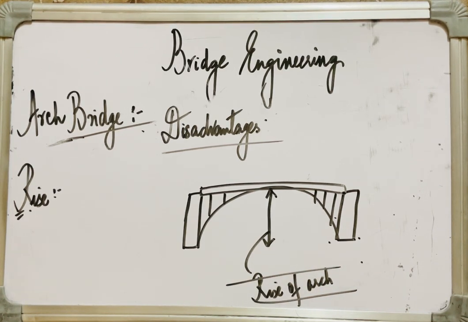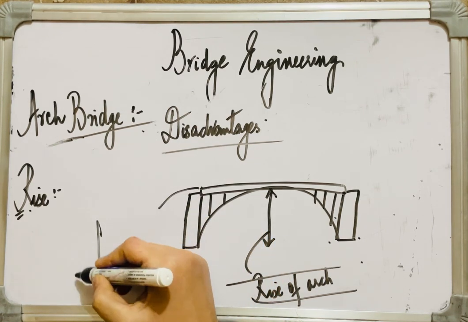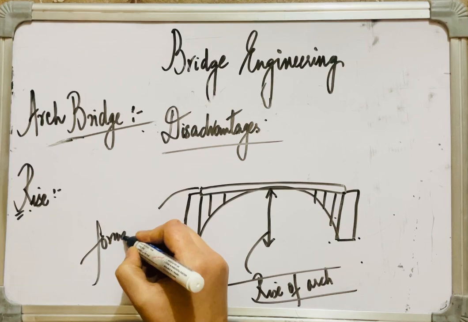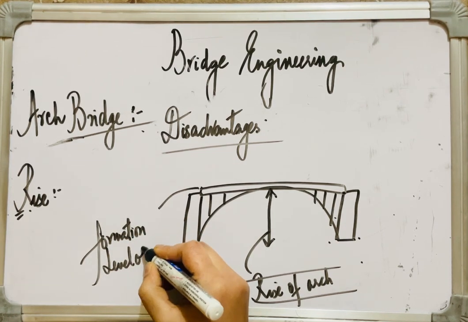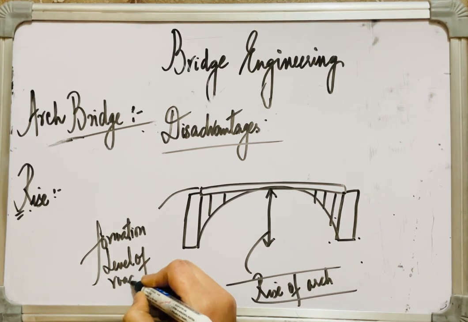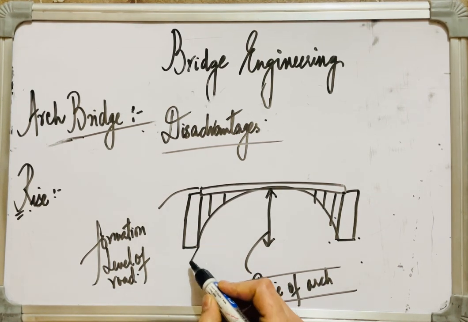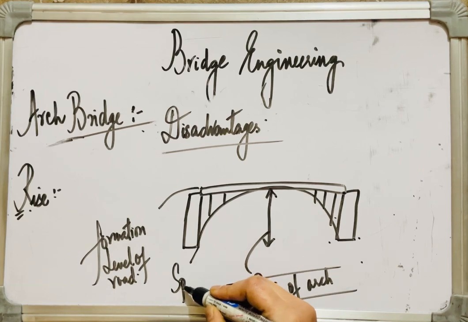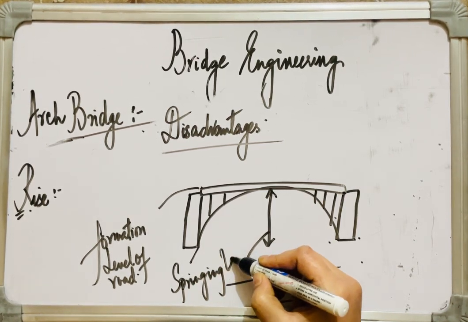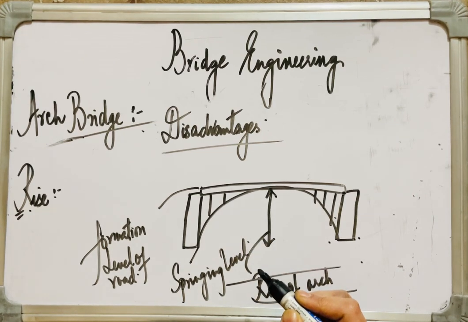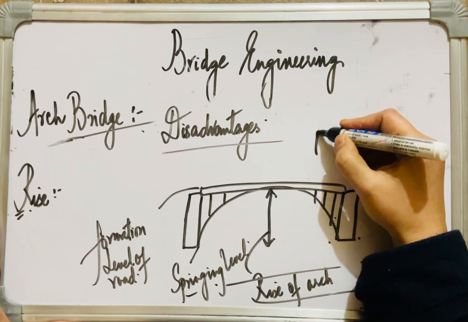The rise of the arch will have to be accommodated between, this is the formation level of the road, and this is the springing level of the arch. What do you mean by springing level of the arch? The starting point of the curve of arch, springing level. Let me make another diagram over here.